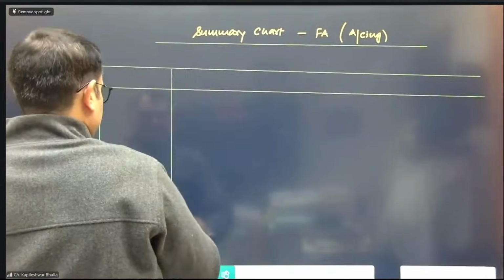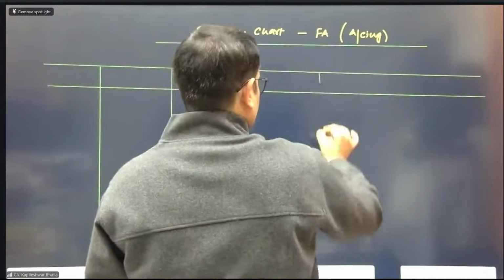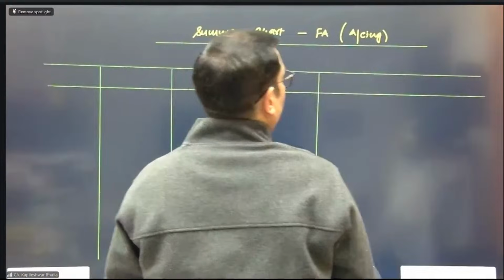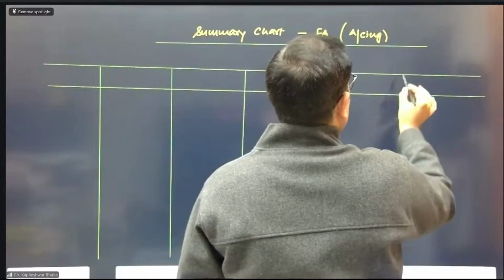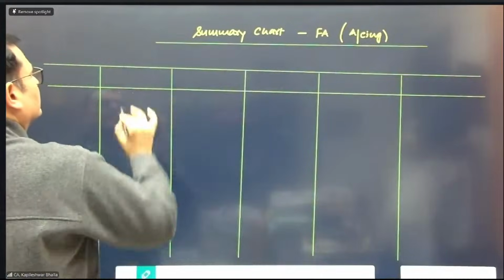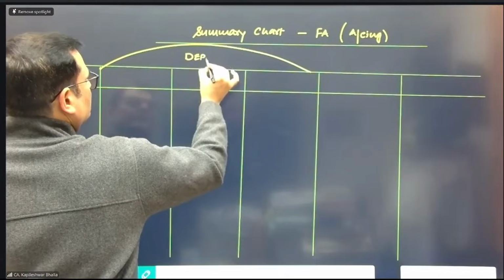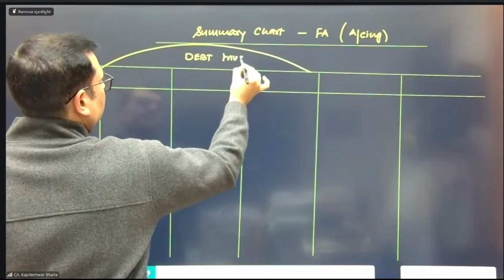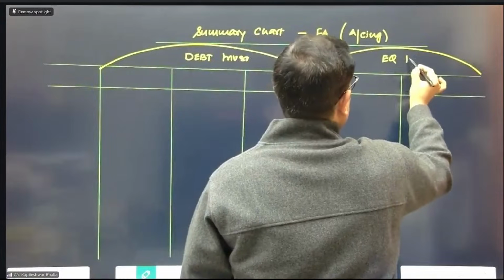One for AC, OCI R, FVTPL. So maybe we can take this, okay. Let's make it separately only. Let's consider this broader one: this is debt investments. And let's consider this as equity investments.